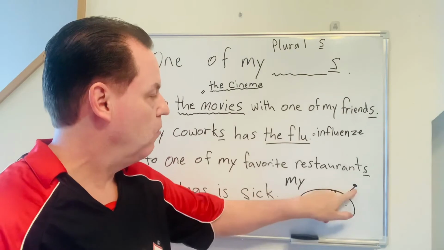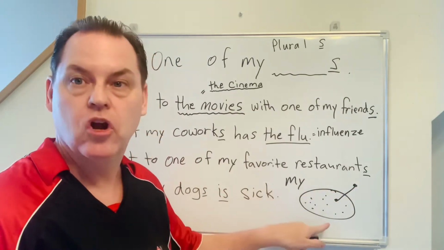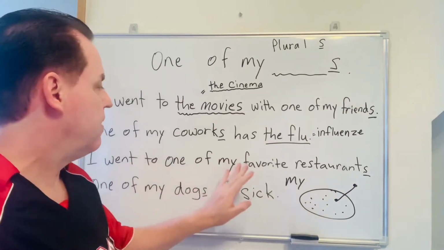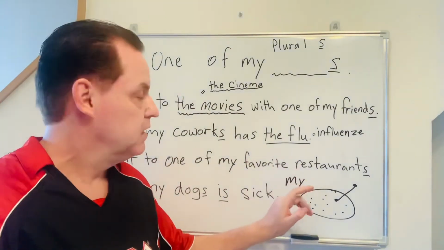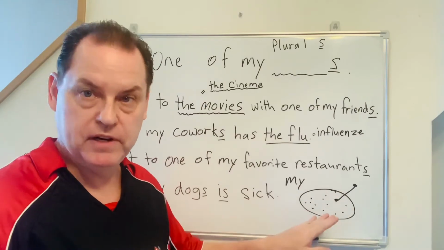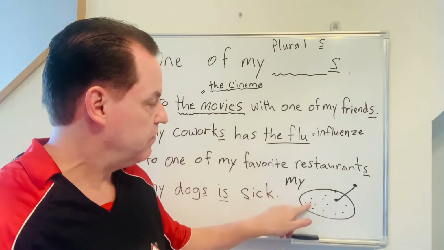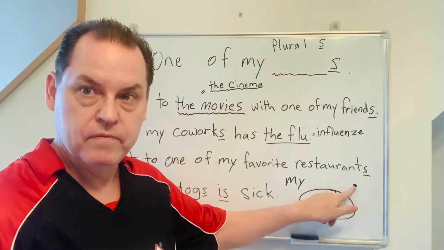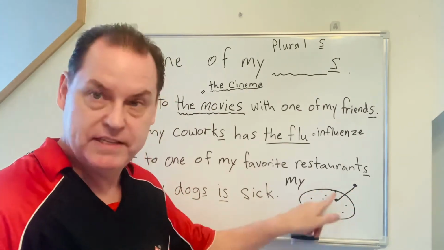One of my coworkers. I went to one of my favorite restaurants. So you have a few favorite restaurants. My favorite restaurants. One of my favorite restaurants.